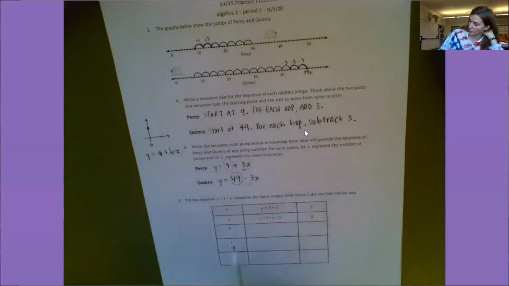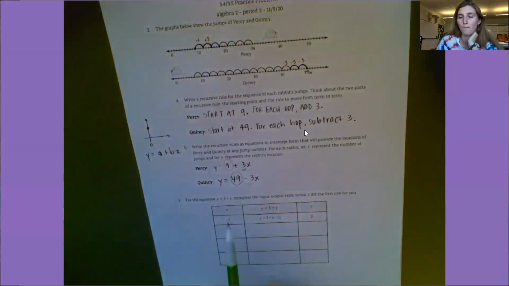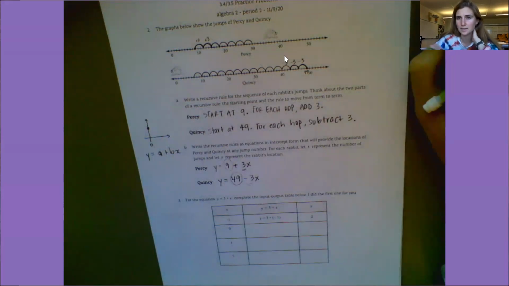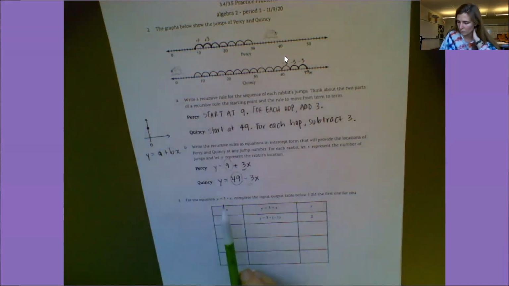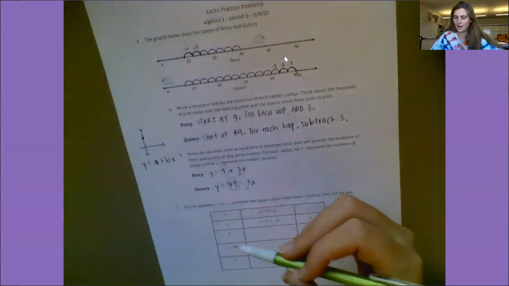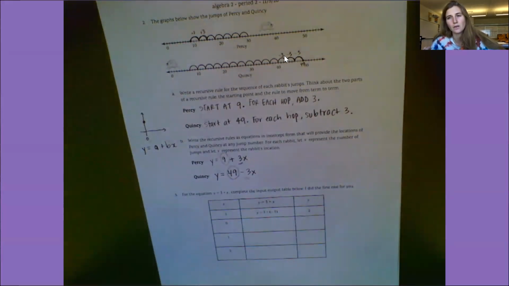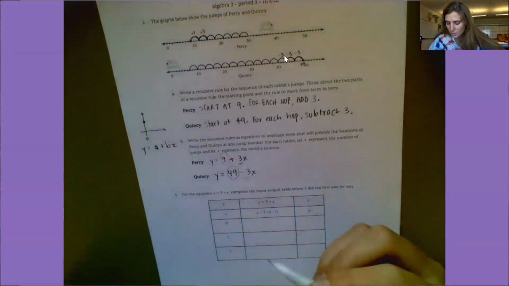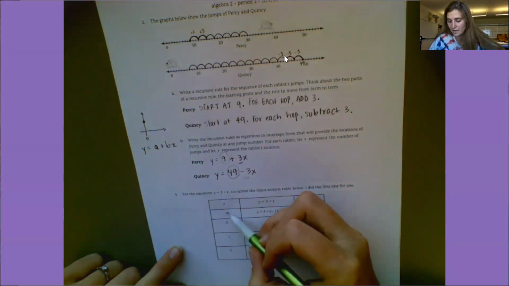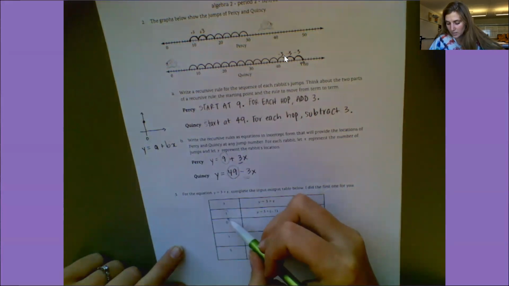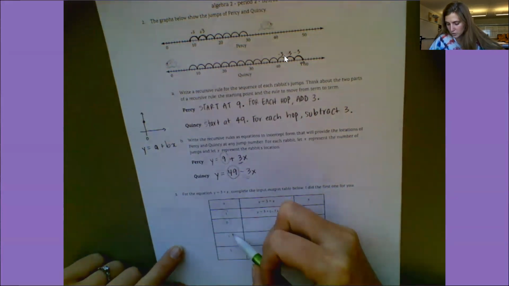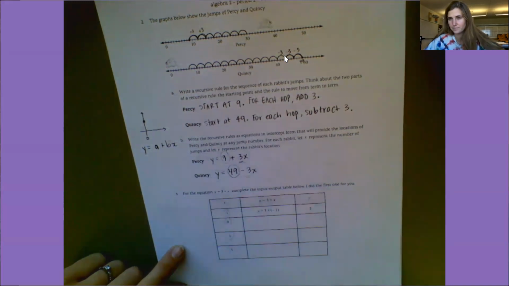Let's go on to number 3, where we are going to complete an input-output table. So what we're going to do for this is we take our x values here, and I picked those kind of randomly. I did have a little logic in mind, where I wanted to choose something that is negative, I wanted to choose 0, and I wanted to choose at least one positive number.